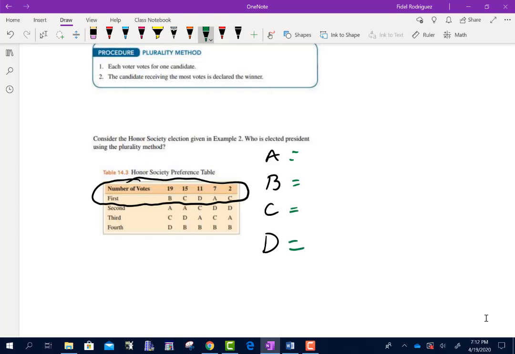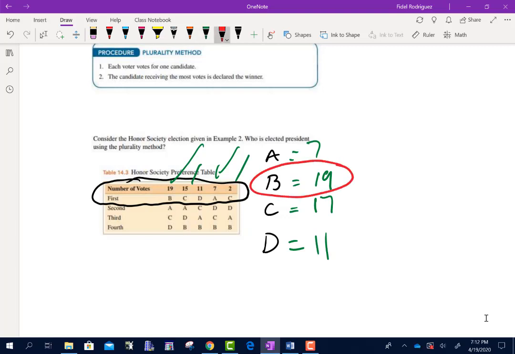It looks like Anton got 7 first place votes. Betty got 19 first place votes. Camille got 15 and 2, which we said was 17. And Don received 11. So by the plurality method here, Betty would be our winner, right? She's the one who received the most first place votes.